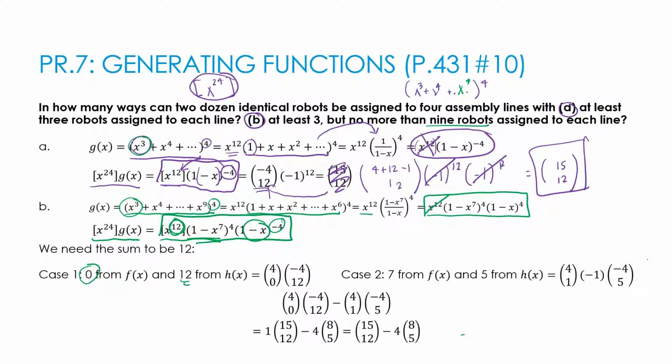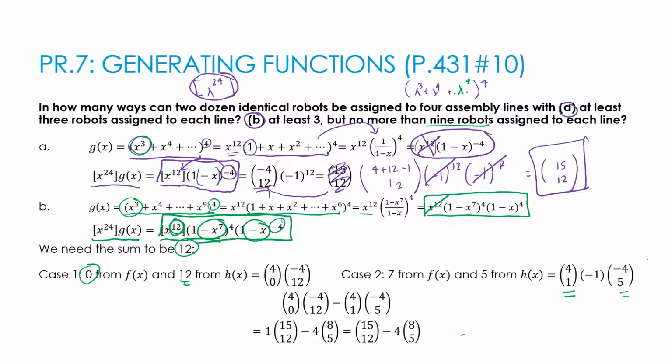Or if I choose 4 choose 1, I'm actually adding 7 x's, which means 5 are coming from my second function. And just like in our last example, if I tried to go to the next version and I had 4 choose 2, that would be 7 times 2 or 14, and I just need the sum to be 12. So 14 is too many.